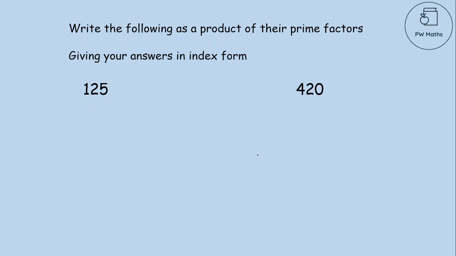You might like to pause the video here and give this a go. Okay, so hopefully we might see this one is not even, but I can see that 5, because it ends in a 5, will go quite nicely.